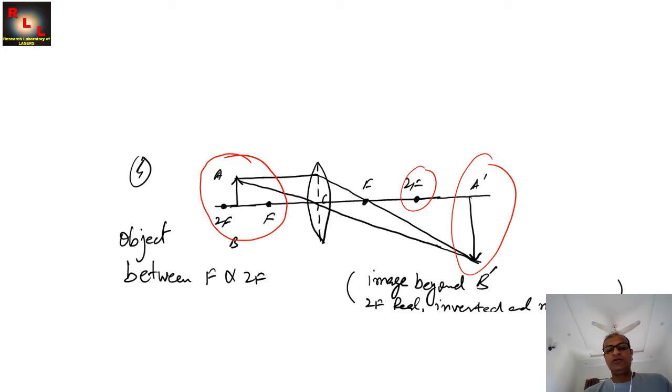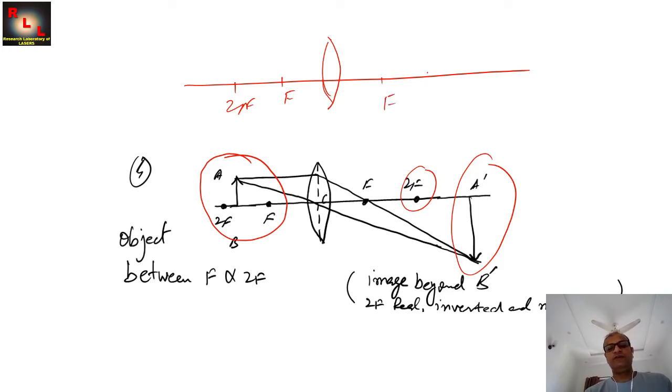So if we redraw it here, this is your f, this is your 2f here, this is f, this is your 2f here, and the object is lying between f and 2f.